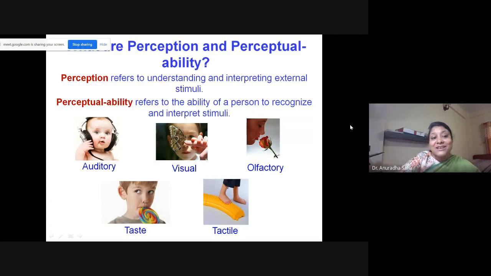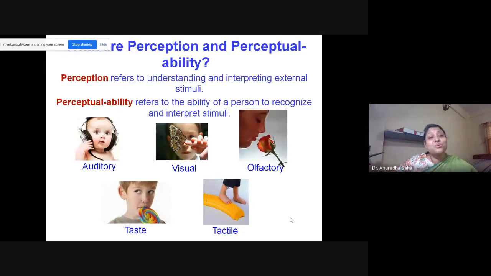So out of all these perceptions, that is auditory, visual, olfactory, taste, tactile, our problem falls under olfactory perception. Perception is nothing but to understand and interpret external stimuli which are fed from outside the environment.